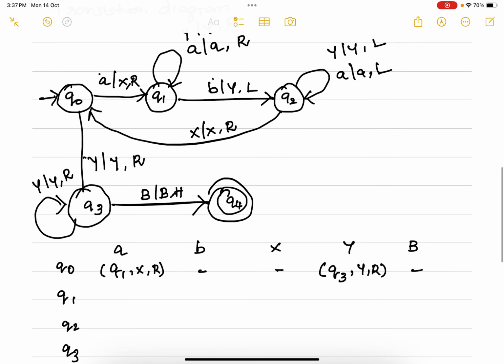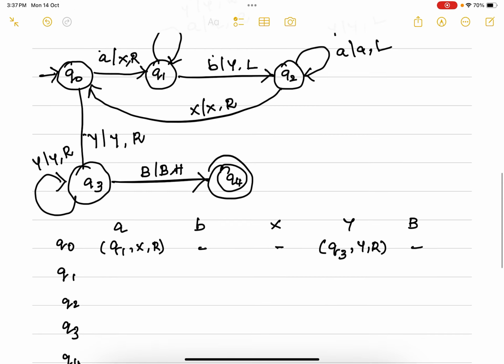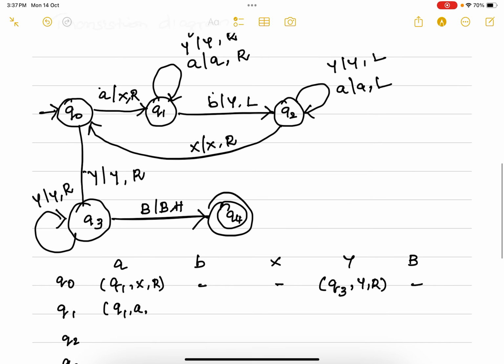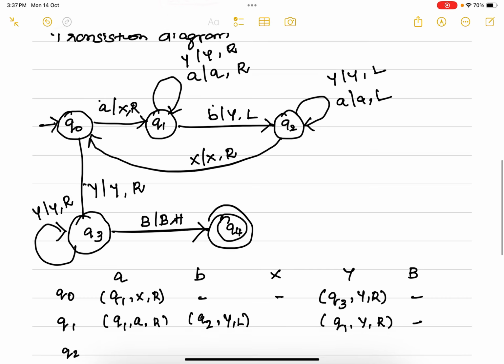Now from Q1 you have a transition for A, B and Y. From Q1, A goes to Q1 replacing with A and moving towards right. For B it is moving to Q2 replacing with Y and moving towards left. For Y it is remaining in the same state replacing with Y moving towards right. For blank there is no transition.